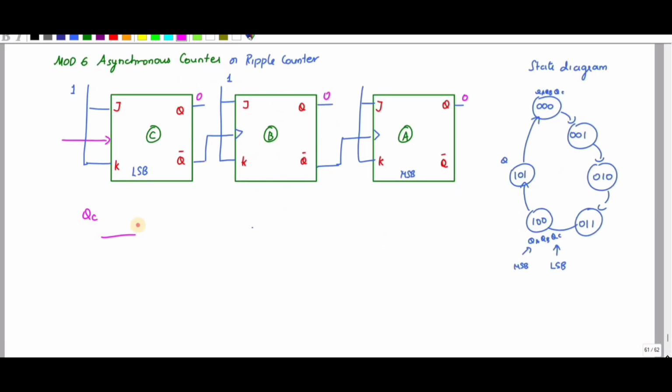Again I give the clock and JK equal to 1 1. Now the QC value is 1, and after giving the input and the clock, it again goes to 0. So this cycle will get repeated.